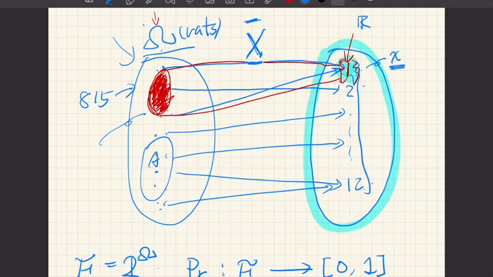Please distinguish these concepts. This is a random variable, which is a measurable function. And this lowercase x is a value like 1, 2, 3, and so on.